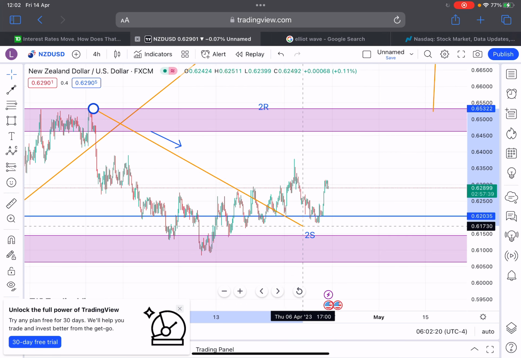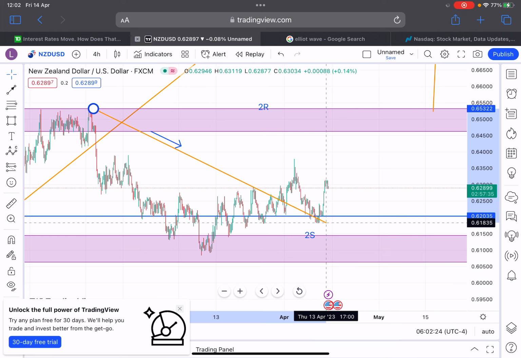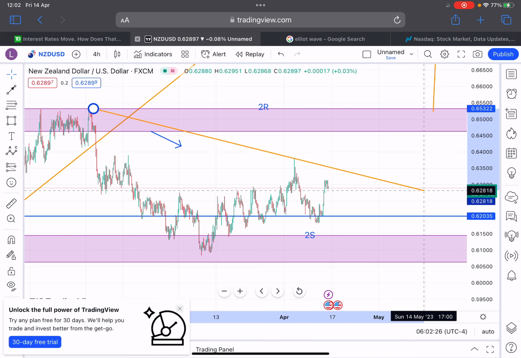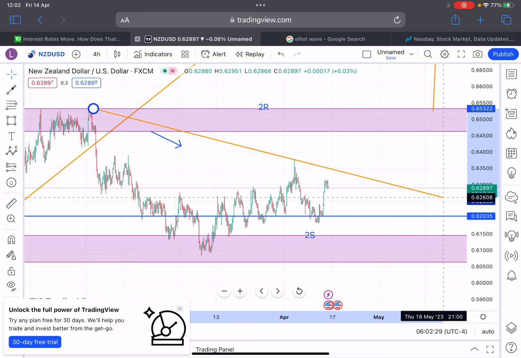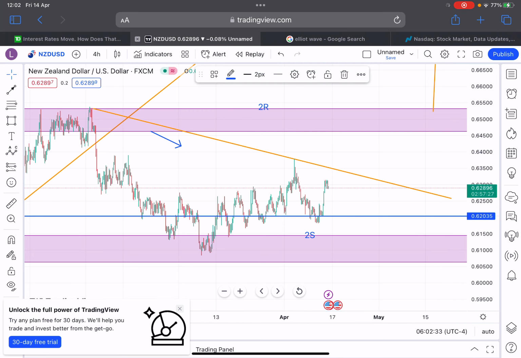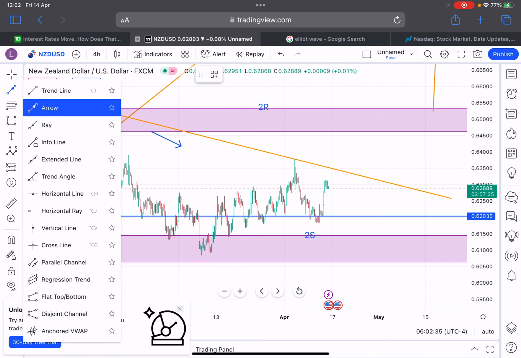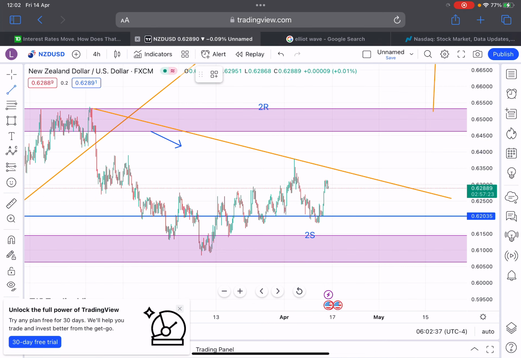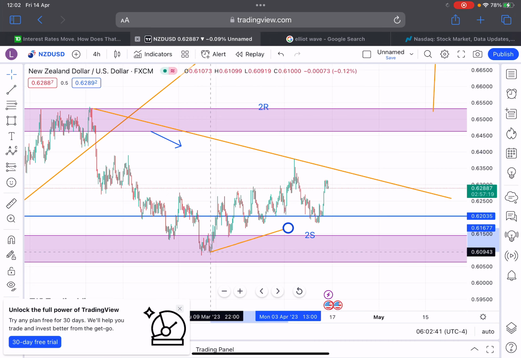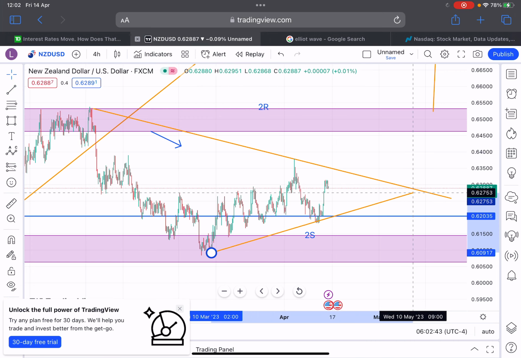If we use this, we didn't have a confirmation. If we use this, it didn't have a confirmation. So you basically see that we don't have a confirmation on H4. So we'll do just this, and from our support we'll do the same thing too. So we'll do this.